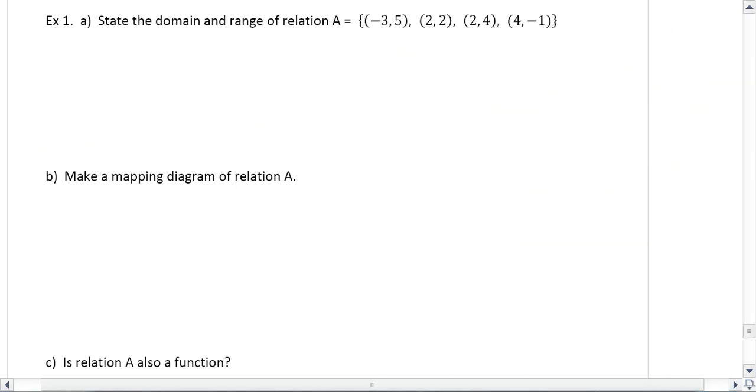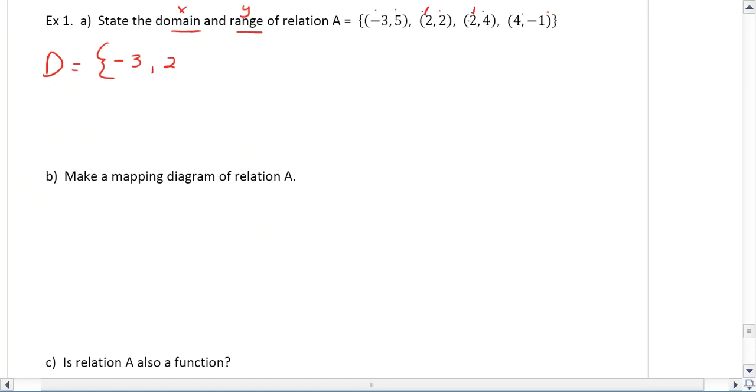Example 1, part A says, state the domain and range of this relation. So I'll use a capital D for domain. We need to list all the elements in the domain. Remember that the domain is all the x's, the range is all the y's. So we have here an xy, xy, xy, and xy. So a list of all the x's, the domain: -3, 2, so I pulled out this -3 and this 2.